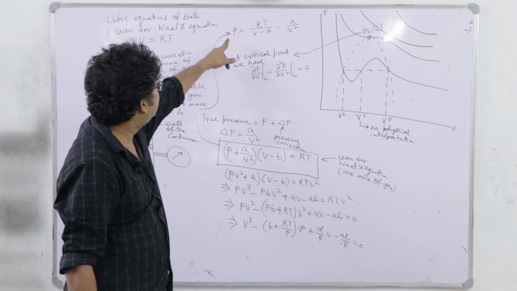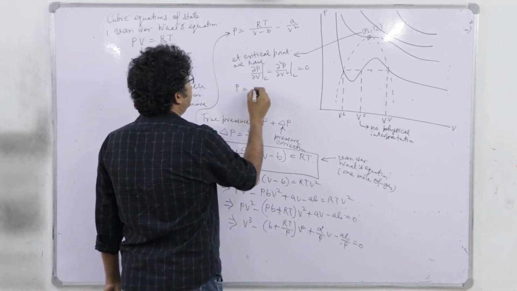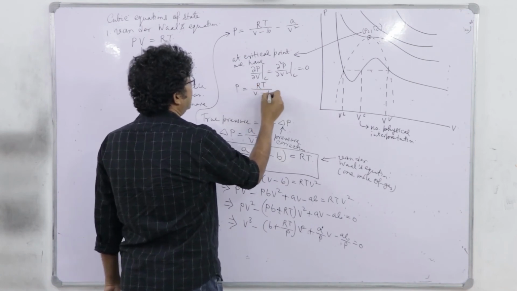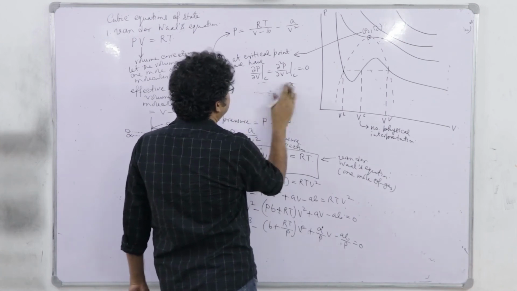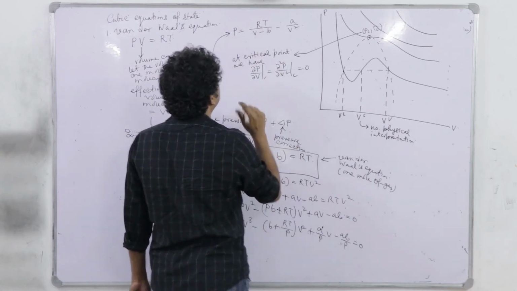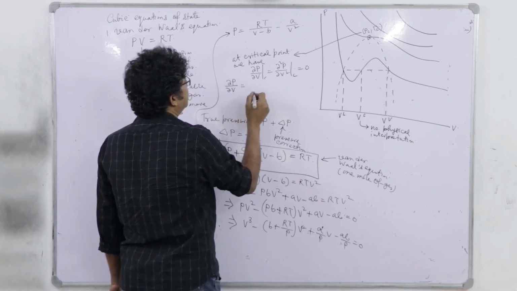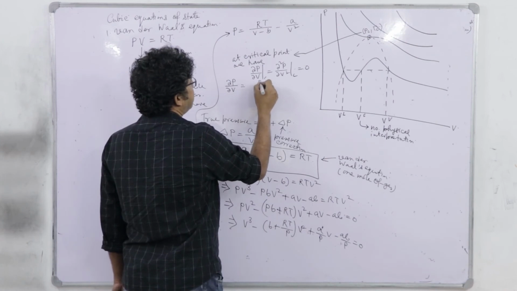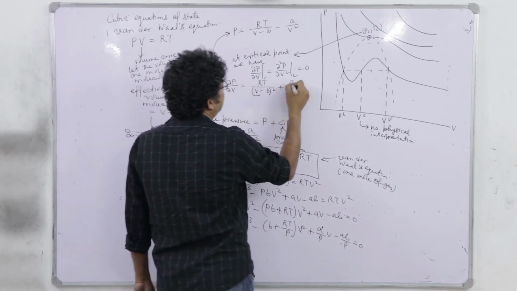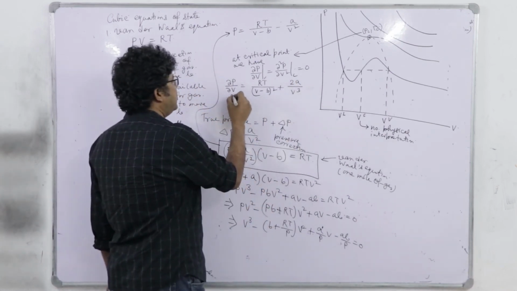So, we have at the critical point that P is equal to RT divided by V minus B minus A by V square, and from here del P del V is equal to minus RT divided by V minus B whole square plus 2A divided by V cube, right.